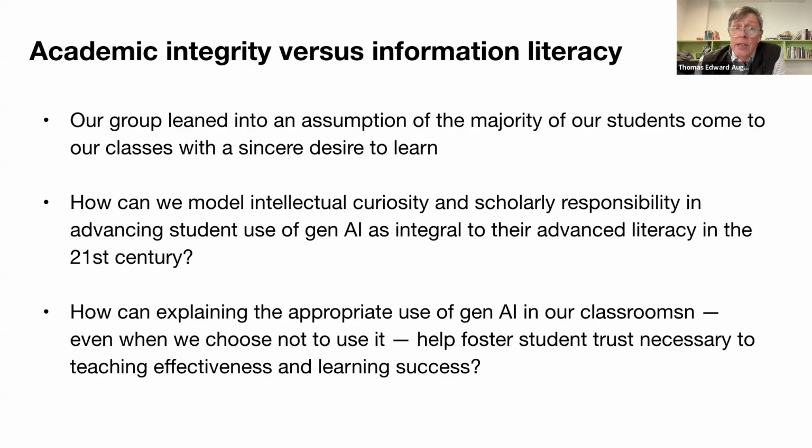So a lot of statements are just like, if you use this, it's plagiarism, et cetera. And so I think we are trying to shift to an emphasis on information literacy. So we leaned into the assumption that the majority of our students come to our classes with a sincere desire to learn rather than trying to get away with something.